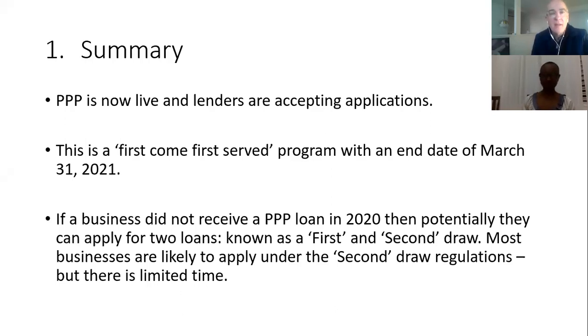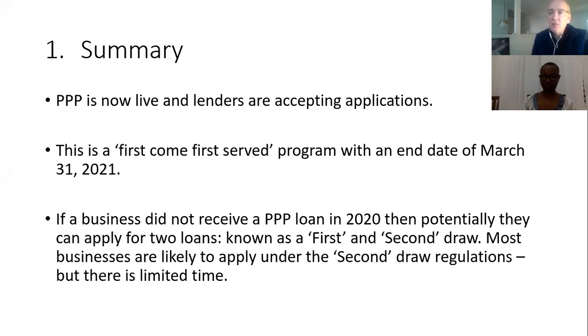Now, if a business did not receive a PPP loan in 2020 last year, then potentially you can apply for 2 loans. It's known as a first and a second draw. But there's limited time here. And we've already had a good question from Anne on this point in the Q&A in the chat.